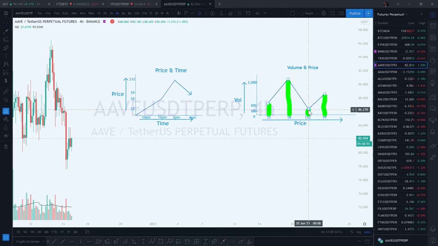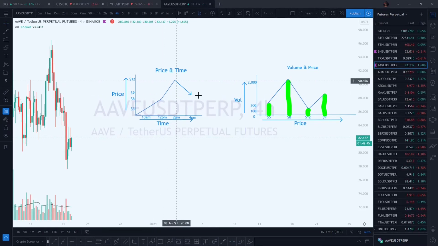So low volume, when the price is rising like this, price rose from $8 to $12, but volume decreased from 2,000 to just 100, which then shows that there is lack of interest from the people. The buyers are no longer buying, they are no longer willing to buy.